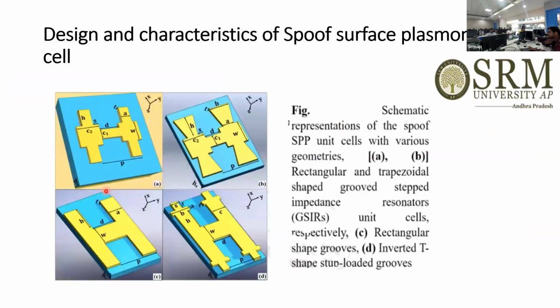So far we have understood how the spoof surface plasmon polariton has been designed and what its implications are. But if you want to know the exact development of the waveguide and to characterize its functionality, everything starts with the unit cell.